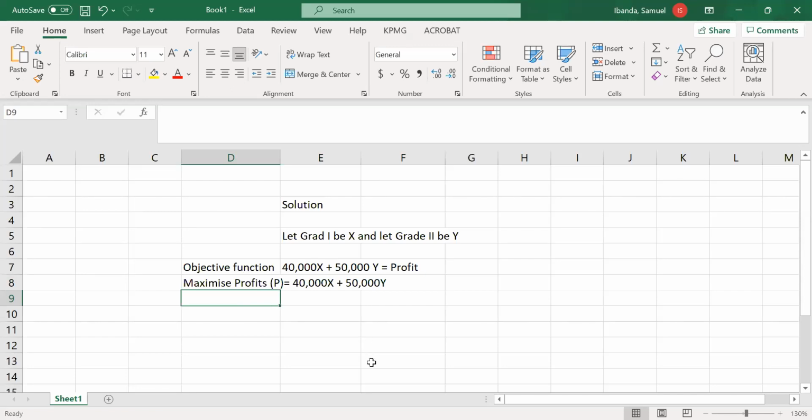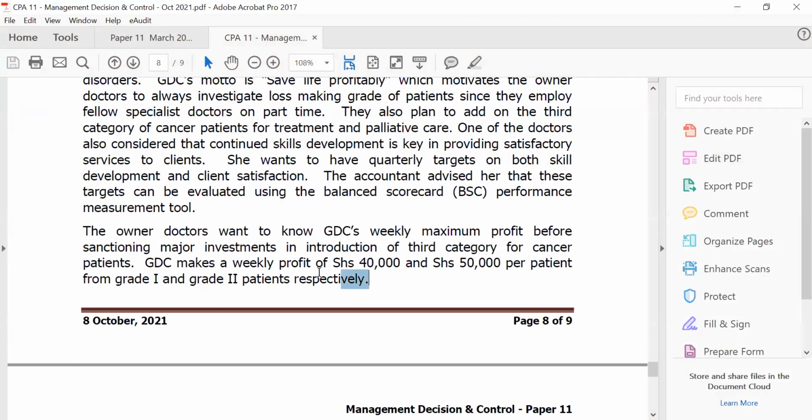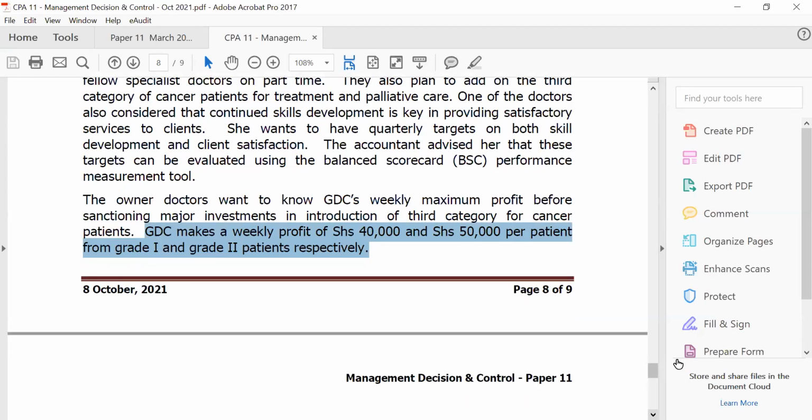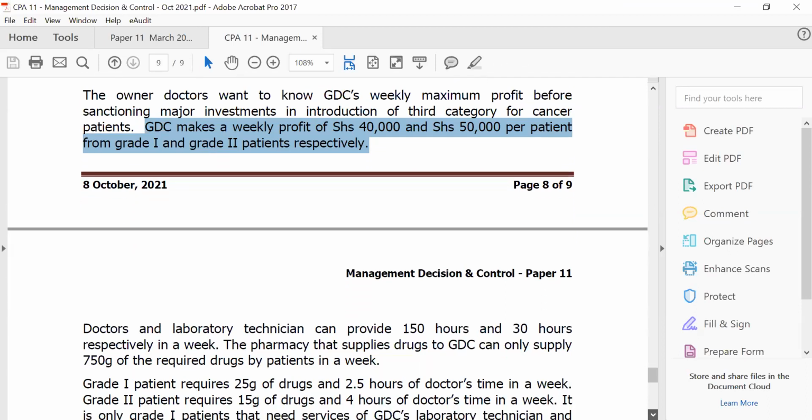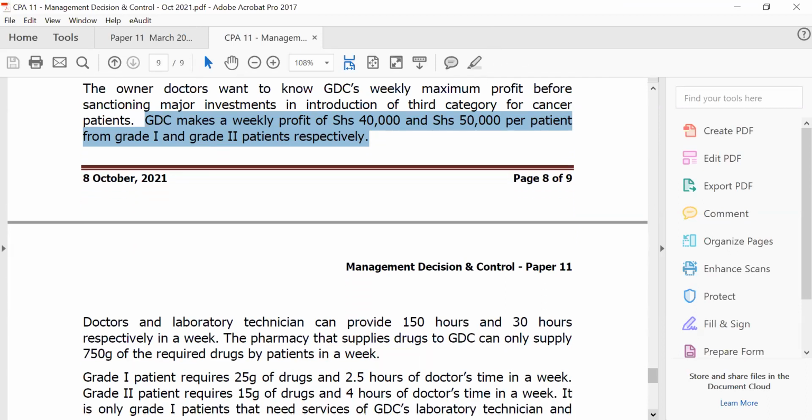Now, once we have that, we're going back to our question to see if we can get any other function, okay? That's our objective function. So coming back here, we've now made sense of this information. Sometimes they could be costs. They may tell you this is what they want to save in terms of costs. But since we have been given profit, sometimes they can also give you contribution.